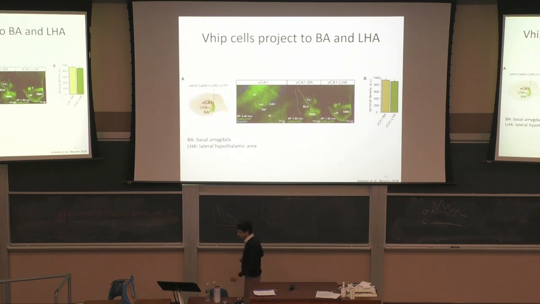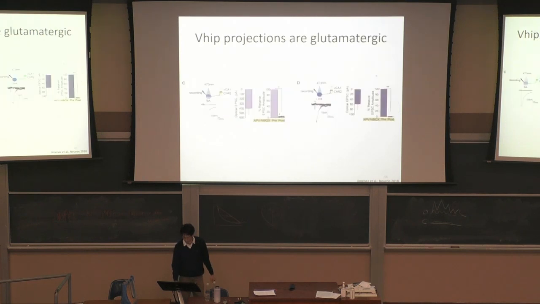And then they see that there are axon terminals visible in the basal medial amygdala, BMA, and also in the hypothalamus, the lateral hypothalamic area, LHA. And then they kind of quantify the amount of green fluorescence in those places, and both of them have a lot of green fluorescence. So those are places that these ventral hippocampal cells project to.